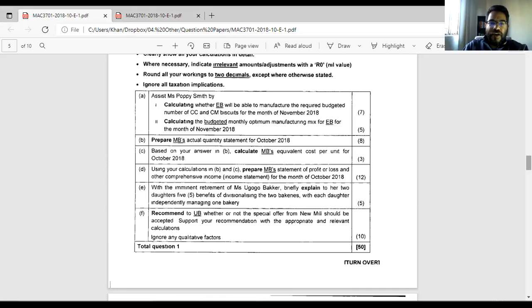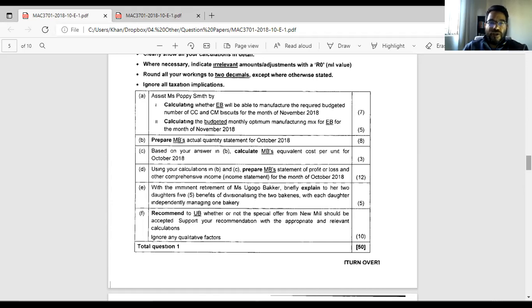Then we need to identify whether we want actual or budget. They said based on B and C, and B and C is based on actual information. So our income statement is going to be based on actual information. When we prepare an income statement in cost accounting, we need to ask ourselves what the costing system is.